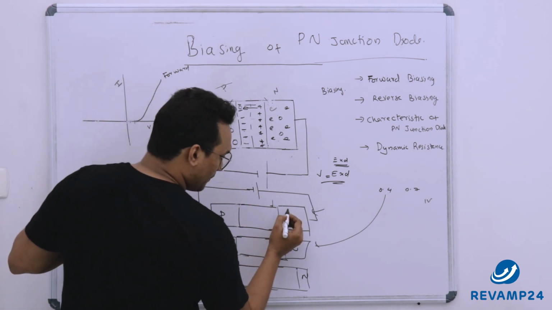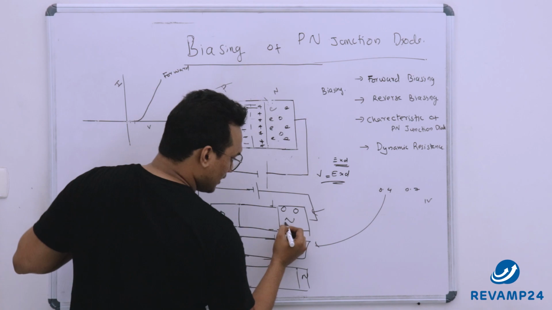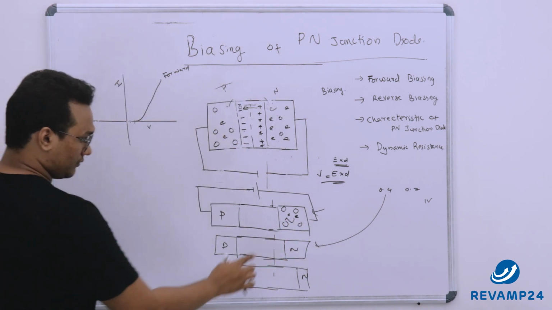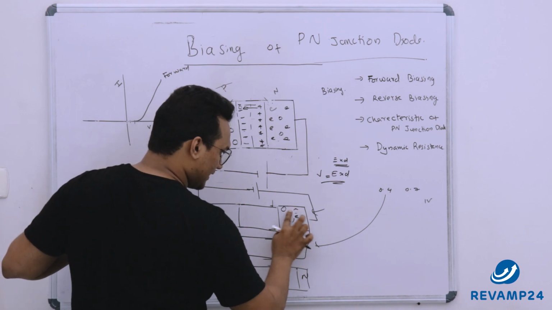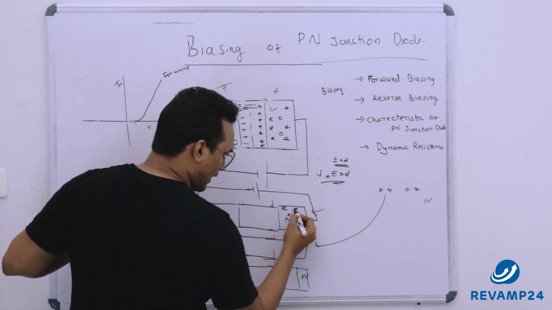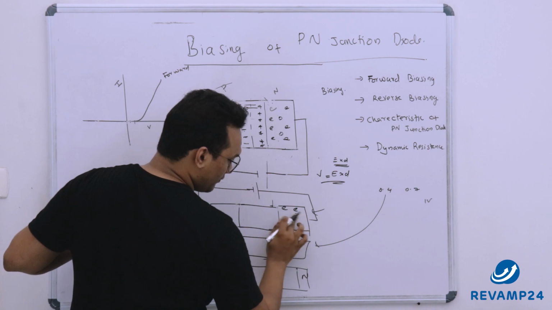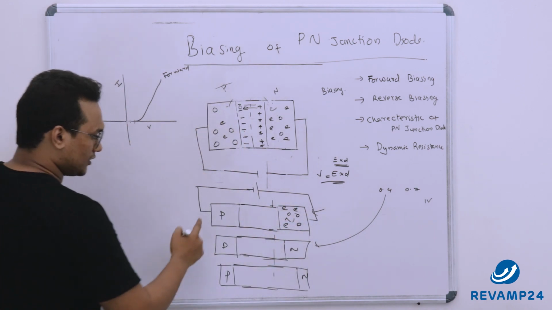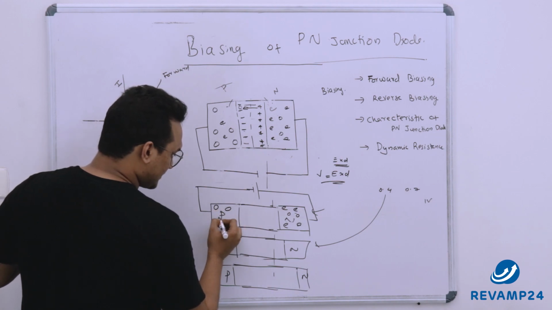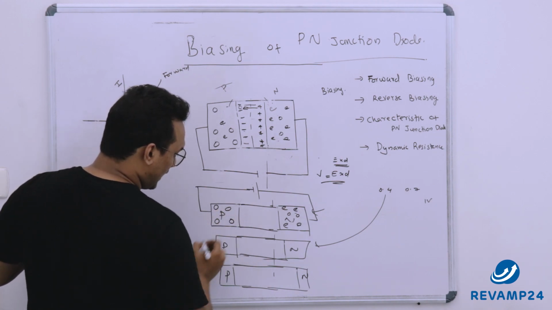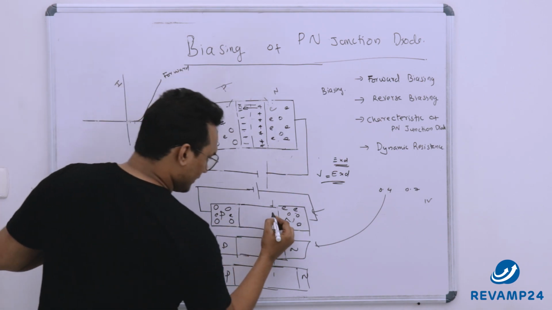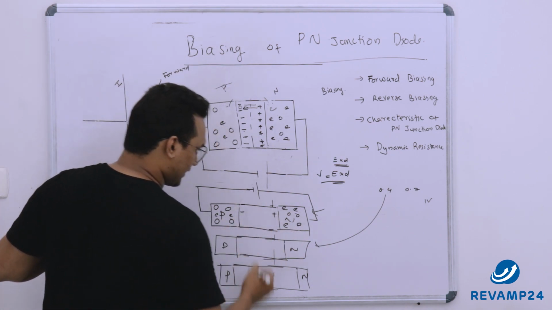With N the majority charge carriers are electrons, and minority charge carriers are holes. With P, majority charge carriers are holes and minority charge carriers are electrons, and the depletion region here is positive, here it is negative.